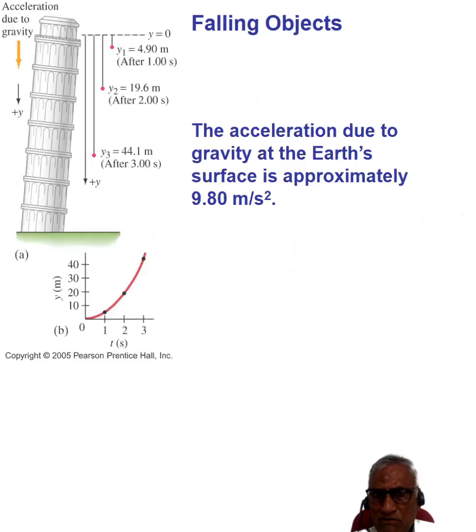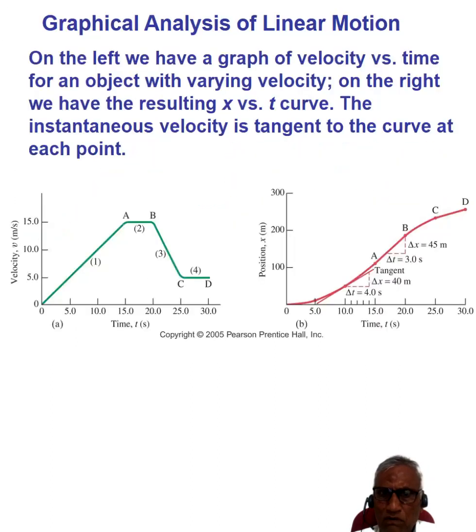This is the curve. When there is an acceleration, and velocity and acceleration are in the same direction, the velocity is increasing, so the position will vary like this. When the velocity is increasing, this will be a curve. And if the velocity is constant, the position will be a straight line.